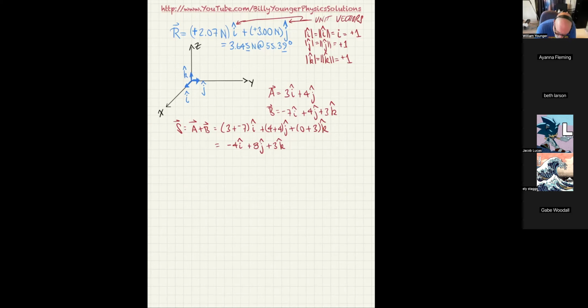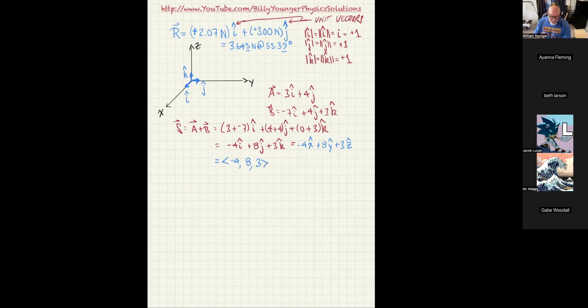I will also say that it is also allowed and perfectly reasonable to write this as negative 4 X hat plus 8 Y hat plus 3 Z hat. In other words, X hat, Y hat, and Z hat are perfectly acceptable versions of I hat, J hat, and K hat. Additionally, I could also write this as negative 4, 8, 3.